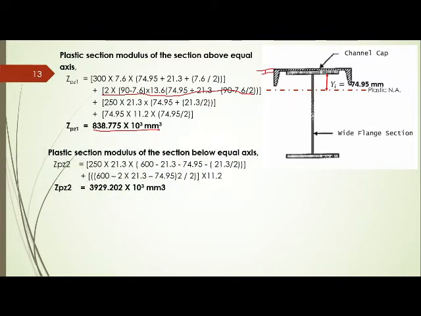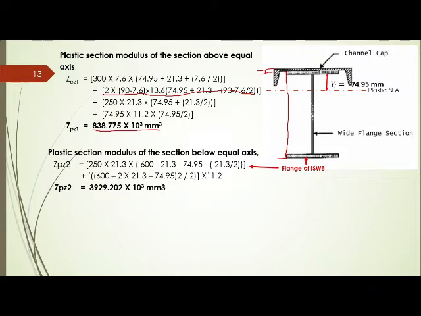Let's come to the bottom portion. First of all, we have calculated the bottom flange. It is 250 into 21.3, the area. The distance is 600 here to top, from the outer of the beam to the outer of this flange, outer to outer of the flange is 600, minus 21.3 will come here, minus 74.95 will come here, and then we have to subtract 21.3 by 2.